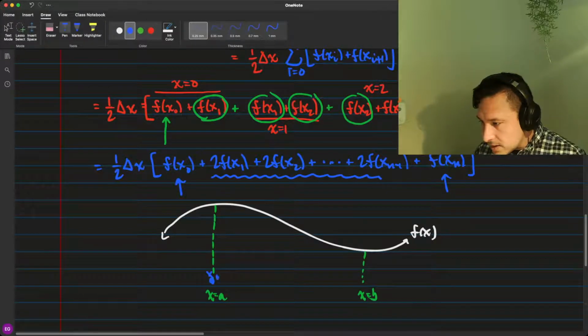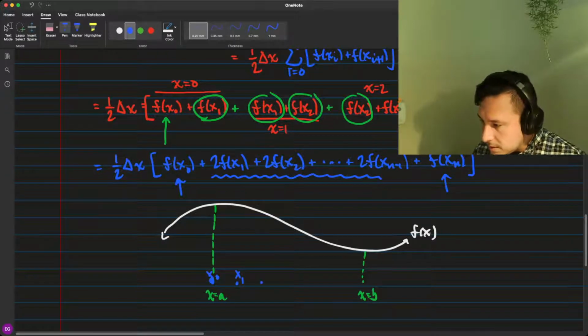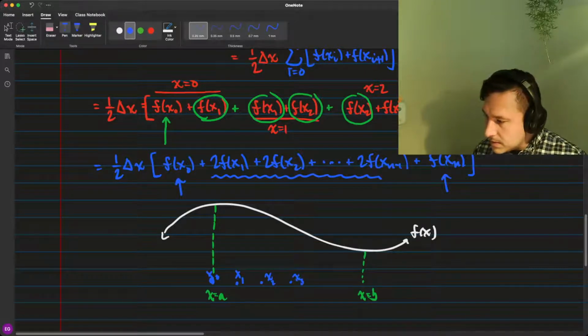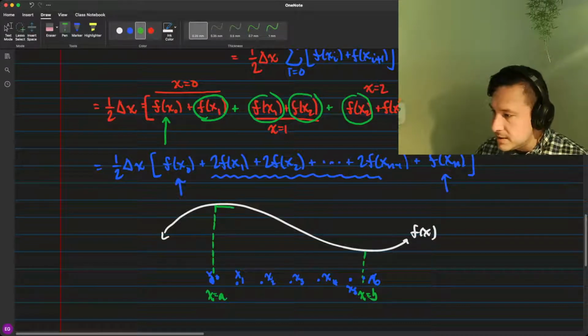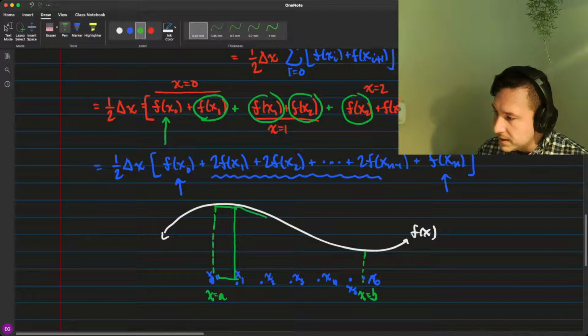So here's your x0, x1, x2, x3, x4, x5, and this one would be x6. Okay, so you get your little trapezoids. Here we have 6 trapezoids that would go something like this.